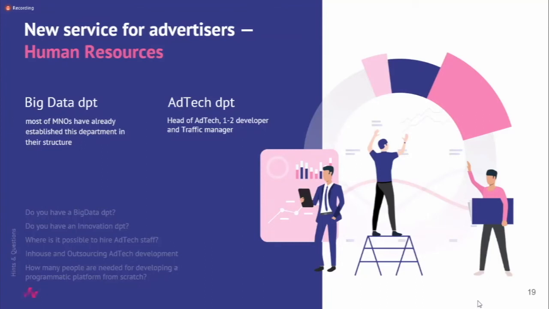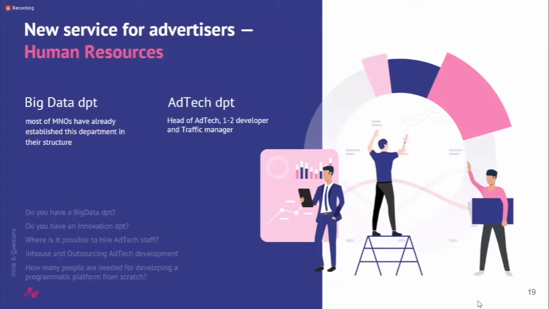And something like a traffic manager, who checks ideas and hypotheses, and who helps advertisers and external clients run and create their campaigns. As we see, the real challenge for mobile network operators in Russia is to get these people on board, because they need to hire them somewhere.